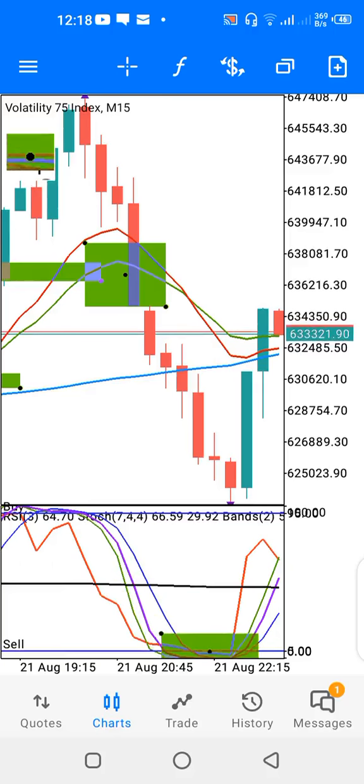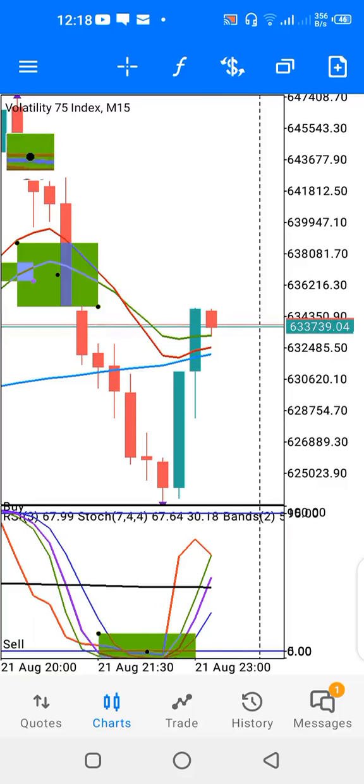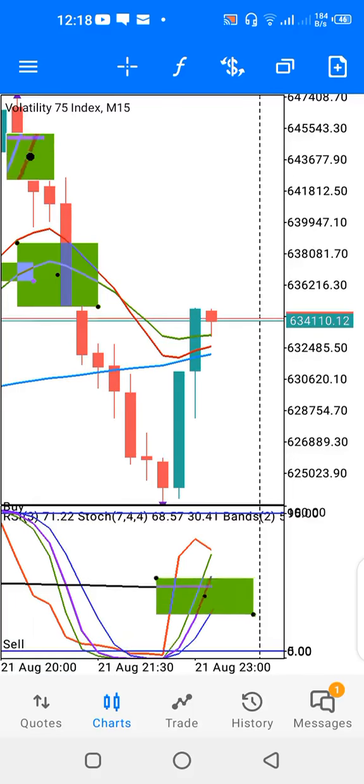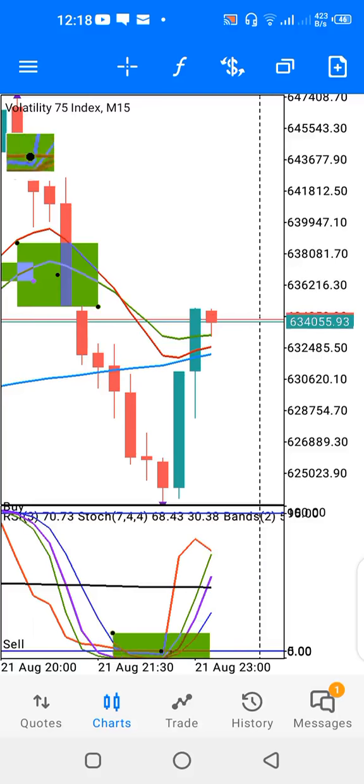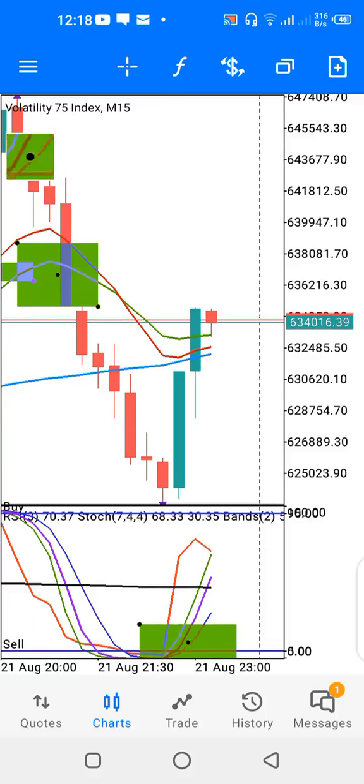By the time the stochastic oscillator lines get to the lower part of the indicator window, you start to look for an exit on your short trades, then look for buy. By the time the red line crosses above, look for buy opportunities.